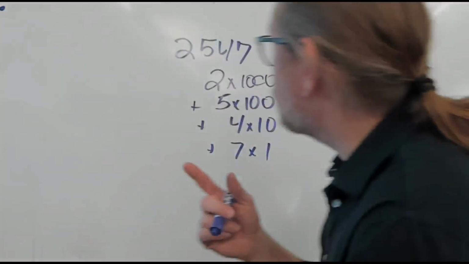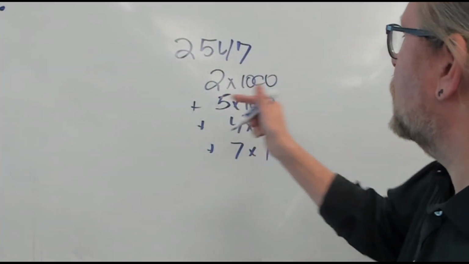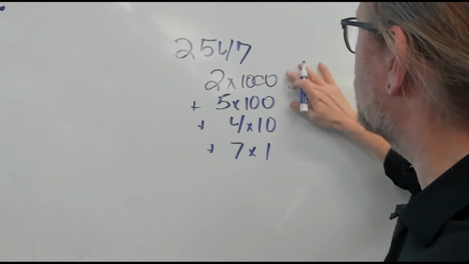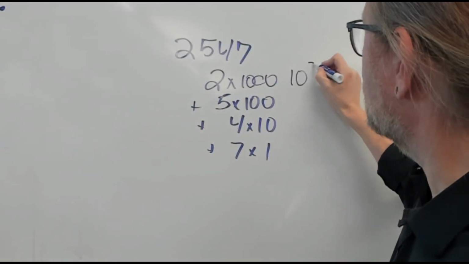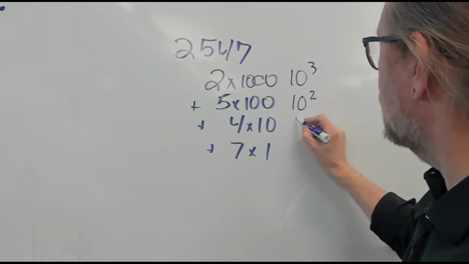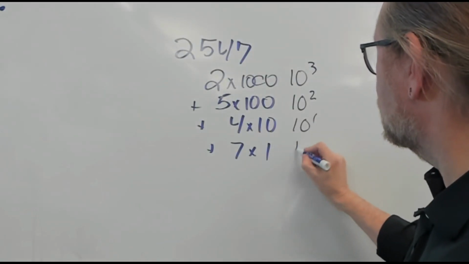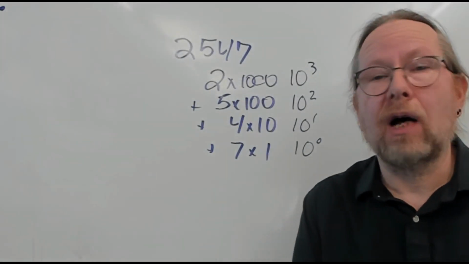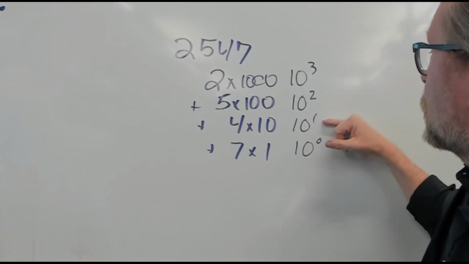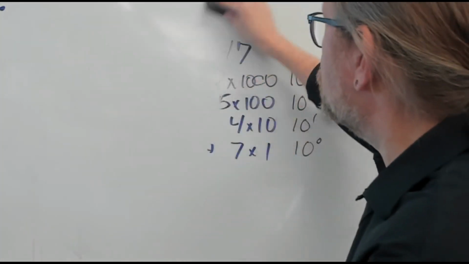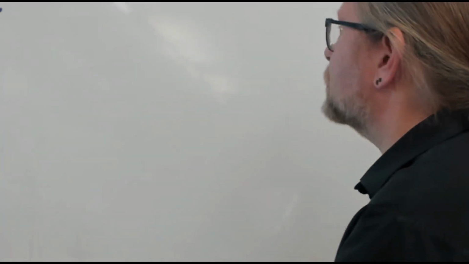Whereas we express things in terms of powers of 10, right? 2 times 1,000 is 2 times 10 to the 3. 1,000 is 10 cubed, and 100 is 10 squared, and 10 is 10 to the 1, and 1 is 10 to the 0. So we express our numbers as multiples of powers of 10: 10 to the 0, 10 to the 1, 10 to the 2, 10 to the 3. Computers only have 2 digits, and they express their numbers in terms of powers of 2.